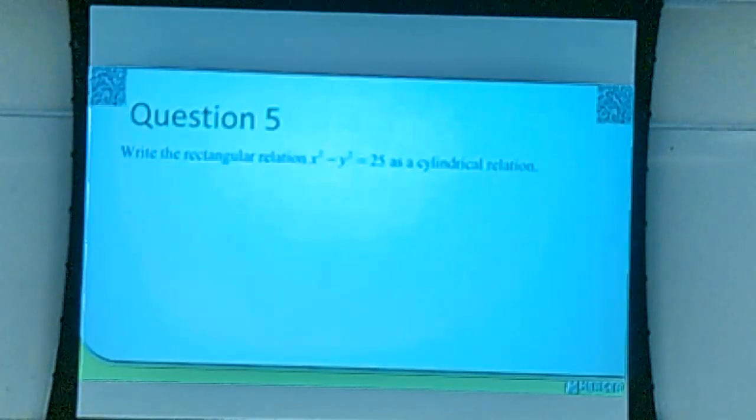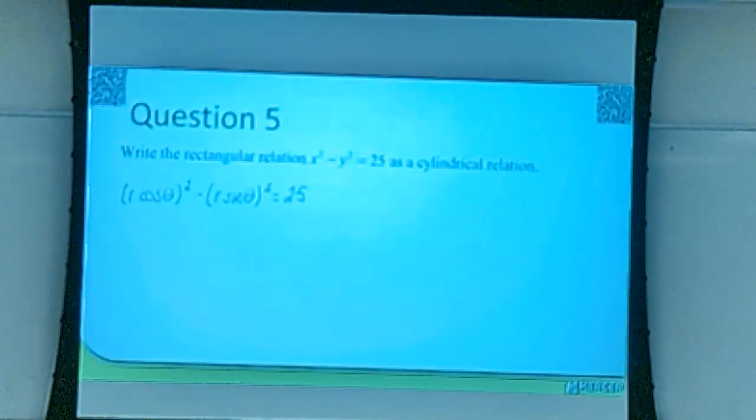Relation x squared minus y squared equals 25. That is in rectangular. It's known as a rectangular relation. You want to write that as a cylindrical relation. Well, x is r cosine of theta, isn't it?